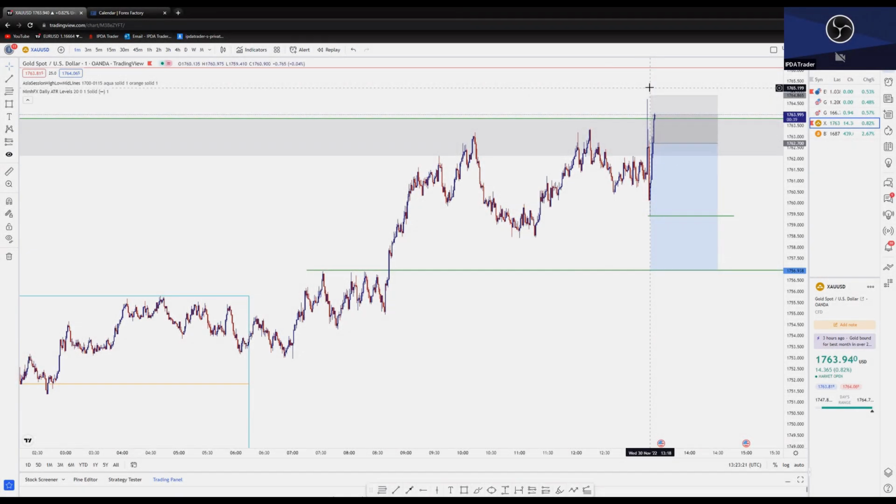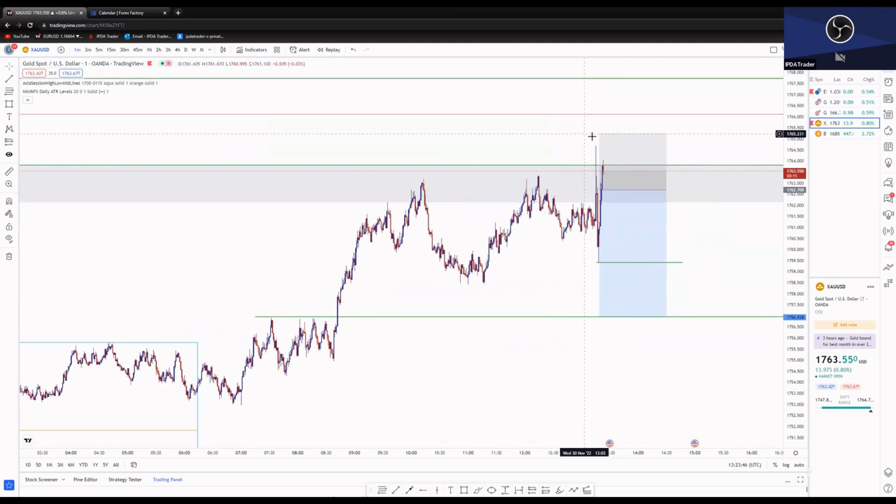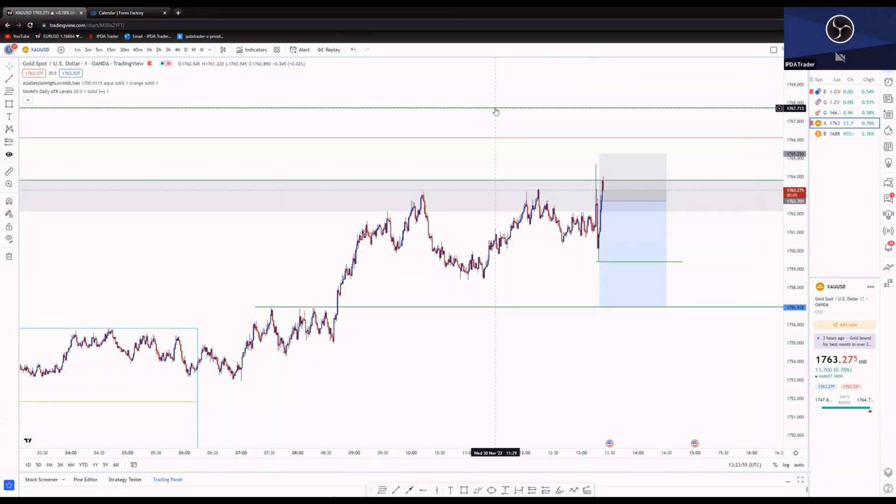My stop loss is 1765.50. Just giving it a couple of pips to breathe above the high in case it's just gonna gently sweep it, and then drop down. So that's sort of the current trade that I'm in.